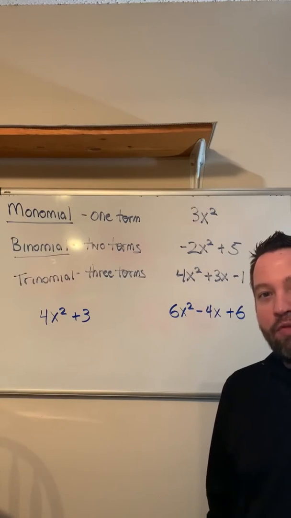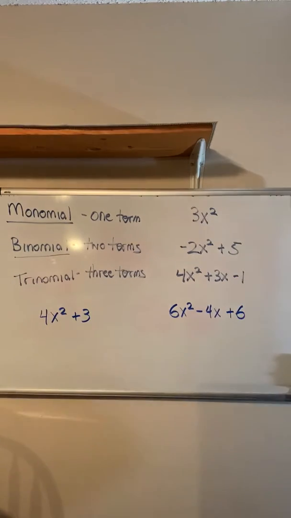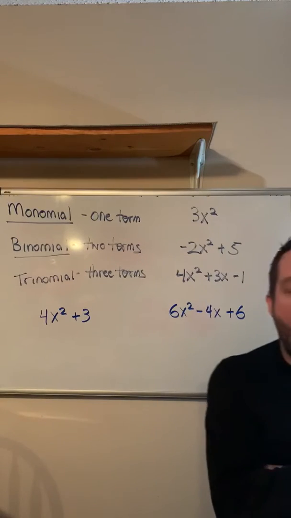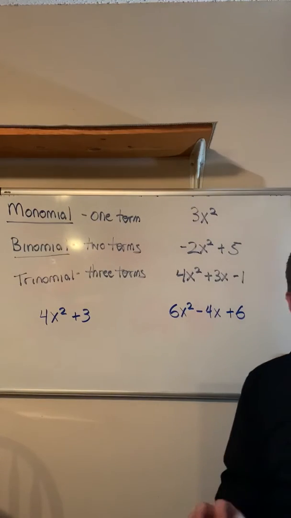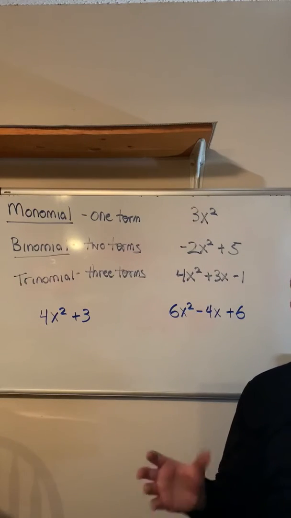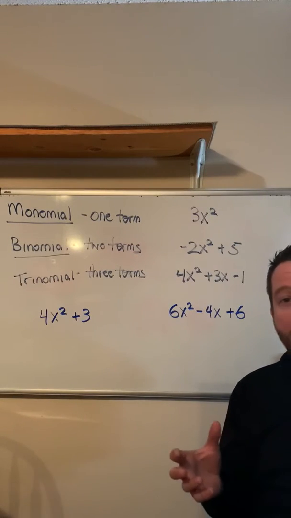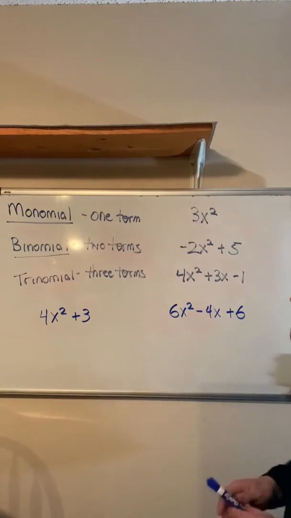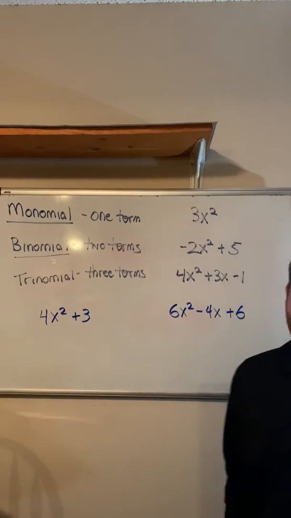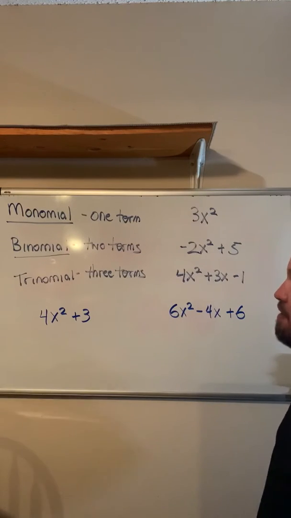So let's move on. All right, so today we're going to talk about polynomials. The biggest framework of our polynomials is how they're set up, and we're going to talk about our number of terms. We have three ways that we're going to be able to identify our polynomials.